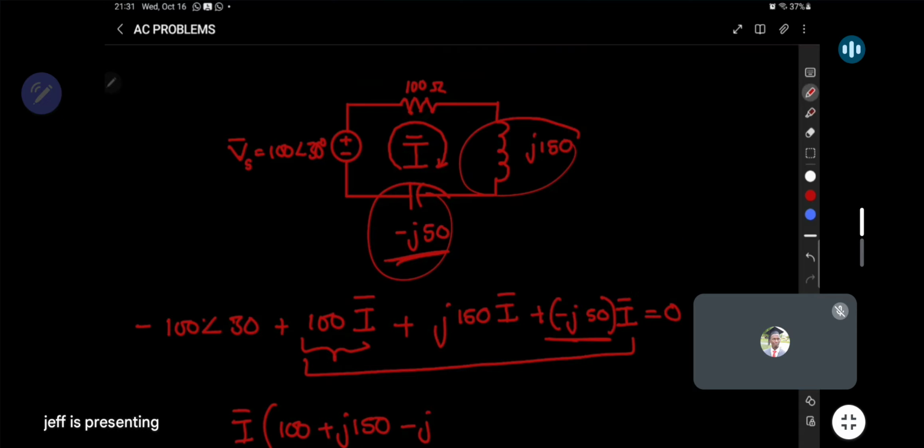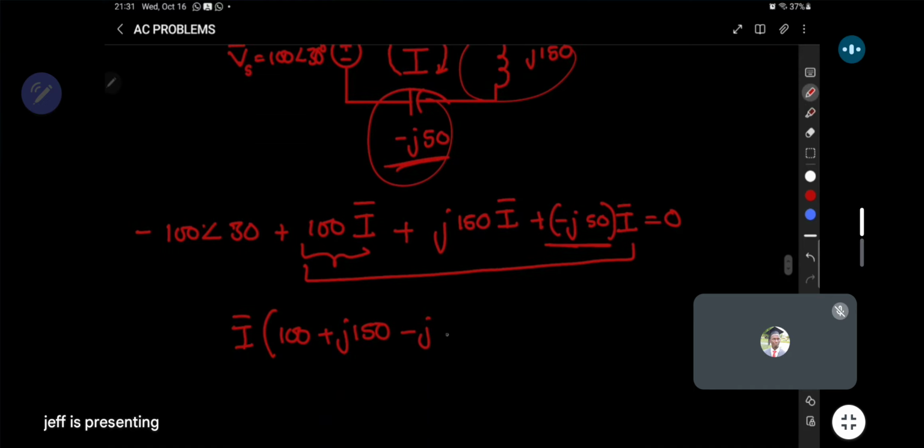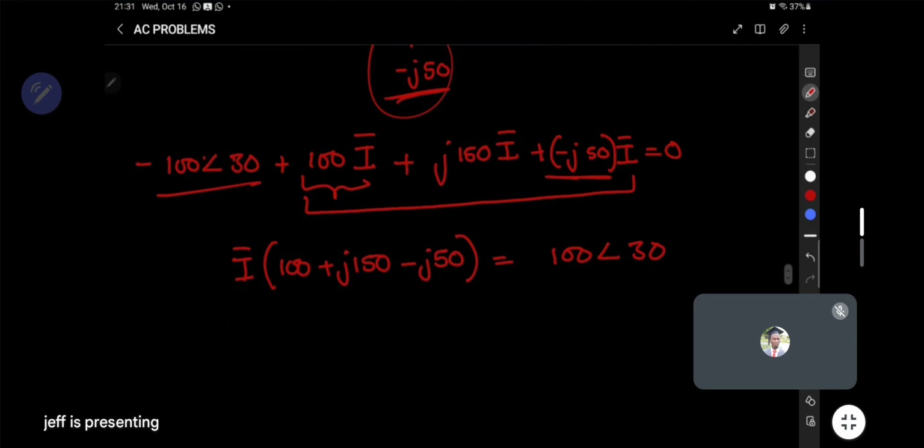So I hope you guys saw that. Okay, so this one will remain as just J50. To the right, this went to the right and it became positive 100 phase 30. So now these two of course can interact. So here we have that 100 plus J100 as well, is equal to 100 phase 30 there.